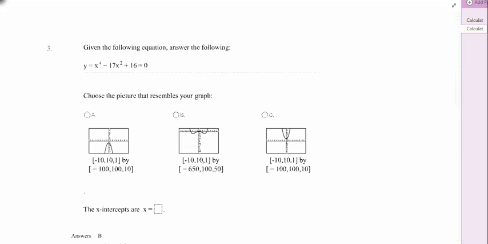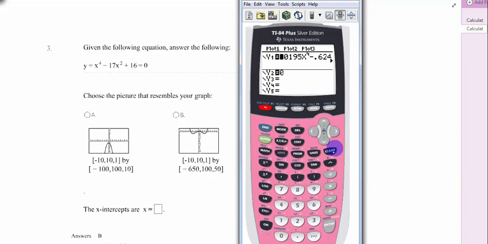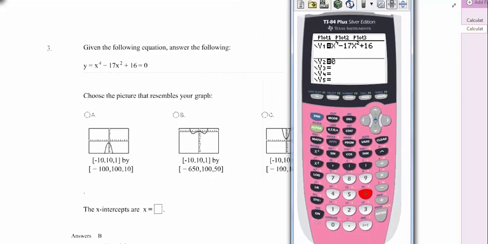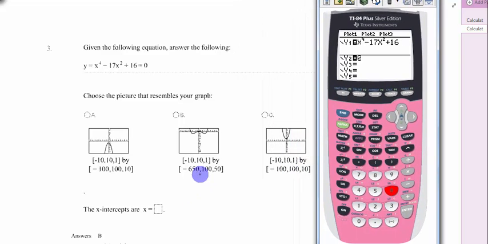Number 3. All right, let's go to y equals and clear out what we've got. We need x to the 4th minus 17x squared plus 16. All right, and if we want to match this window, let's just hit graph and see what we get. Looks like we've got a W, so you could tell that it's not this one or this one, but if we wanted to see it like this, we could change the window.